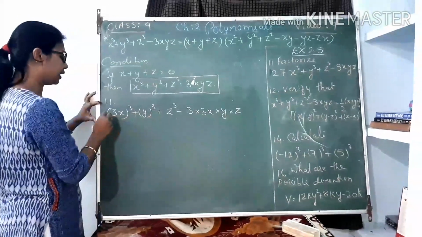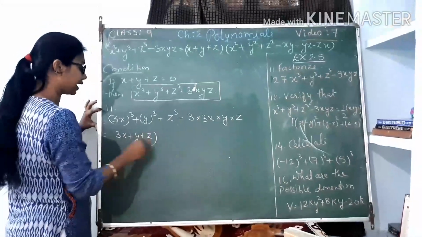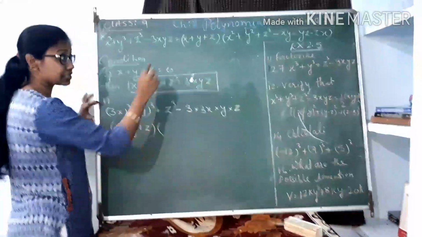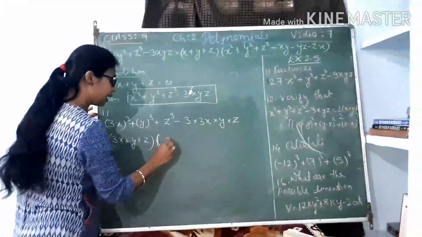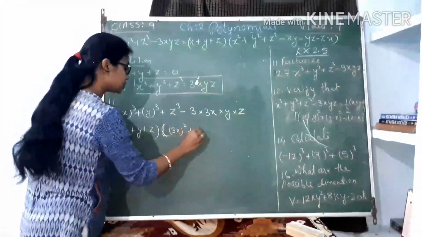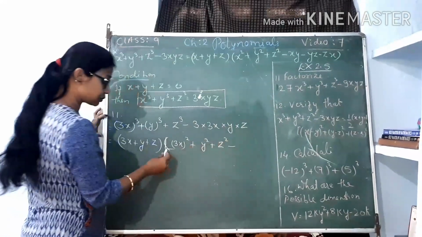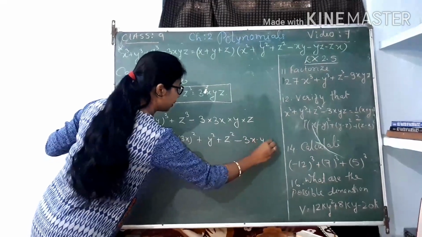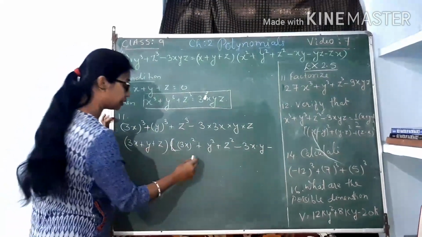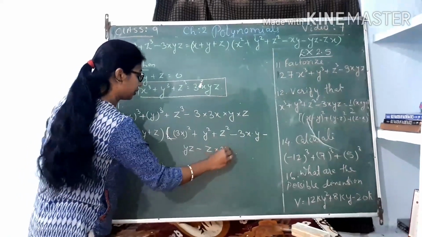Apply this identity. 3x plus y plus z in the first bracket. Second bracket is 3x square plus y square plus z square minus, first two terms multiplication, 3x into y, minus second and third, y and z, minus z into 3x.